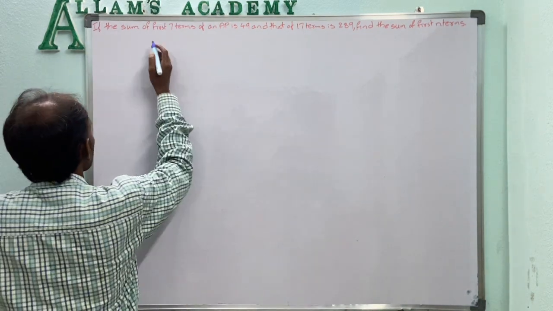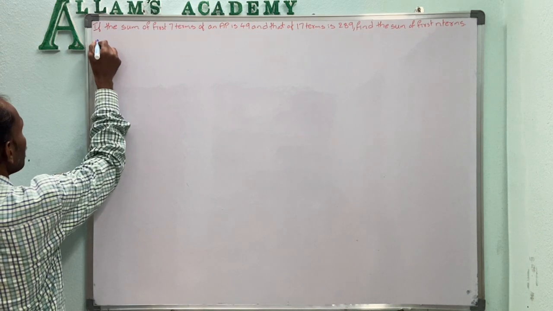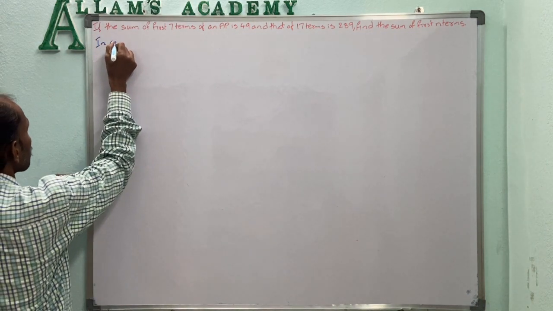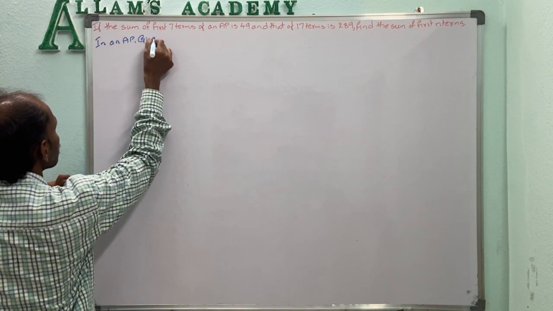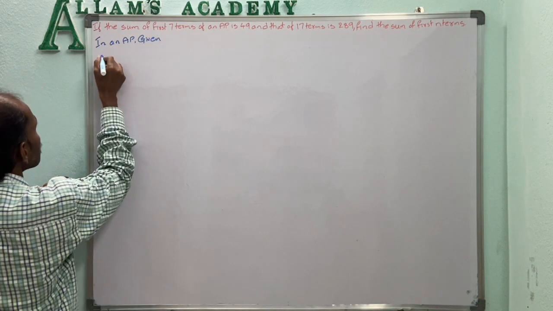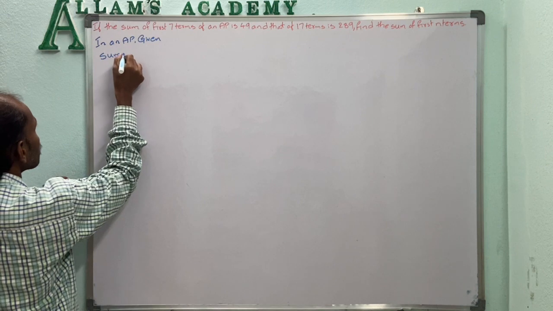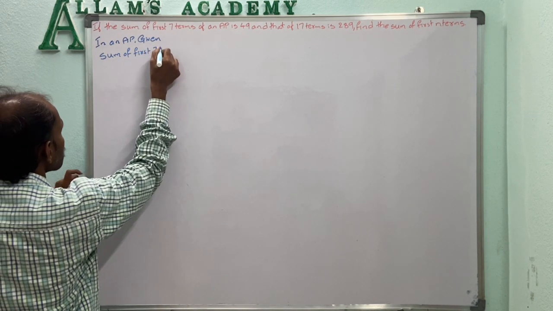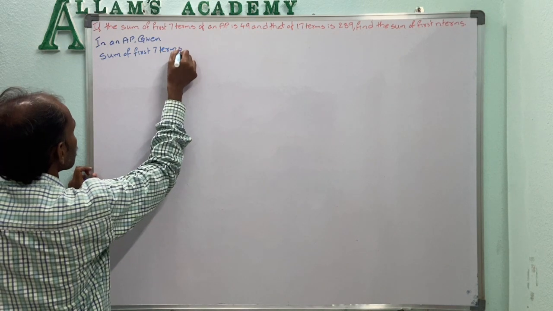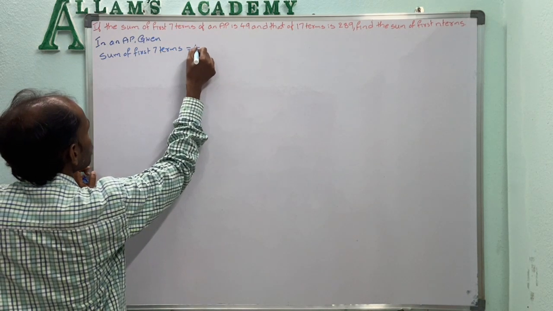So for that purpose, writing the given information in the arithmetic progression: given, sum of first 7 terms is equal to 49.